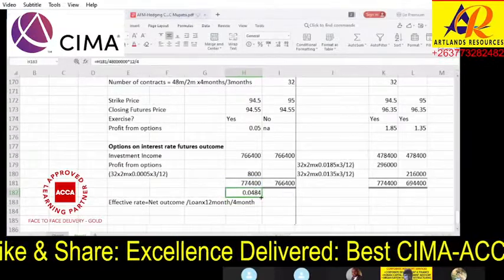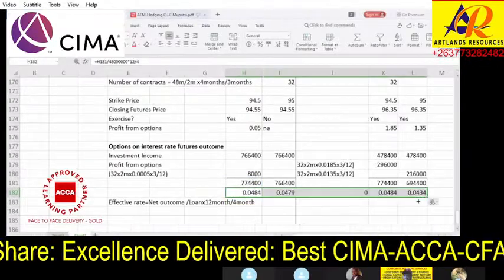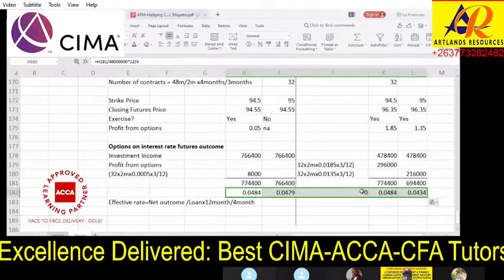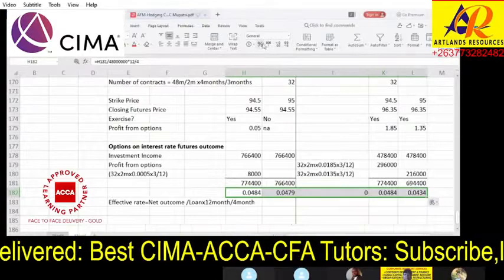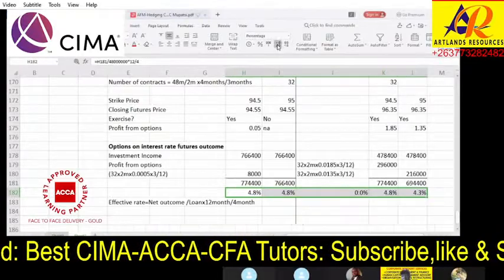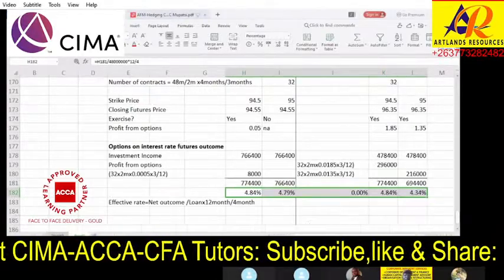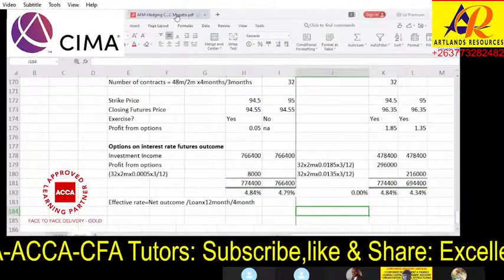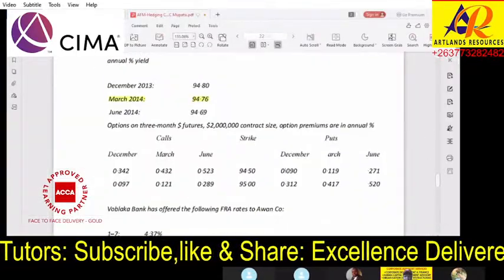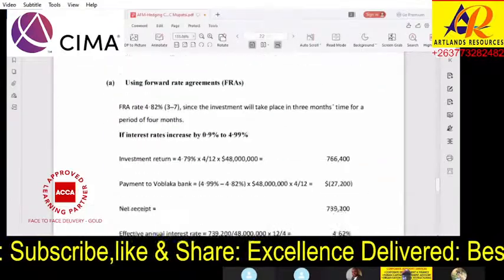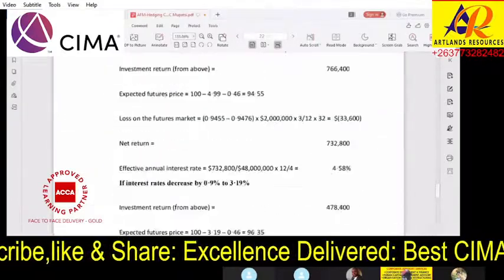So that's your effective rates. You put your effective rates as percentages. It's nice to put them as percentages. Right. So you can check whether these were the answers they got as effective rate. Were they the answers which the examiner got? Just to verify on options.